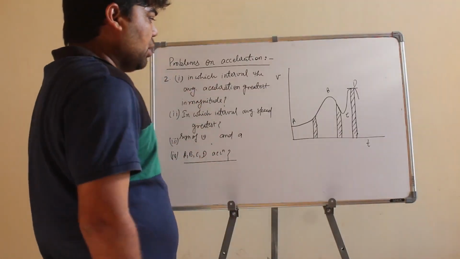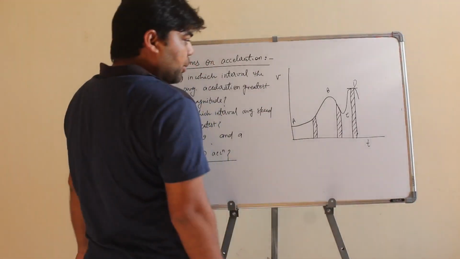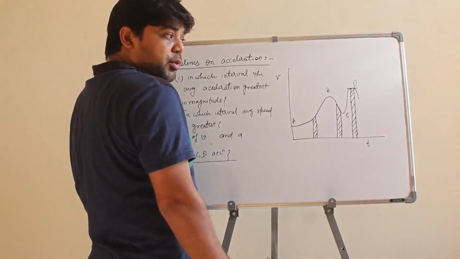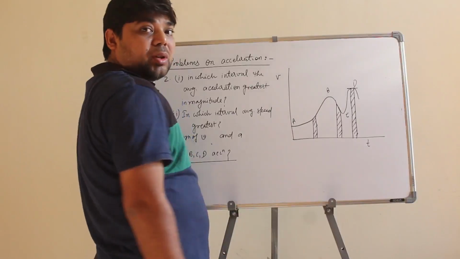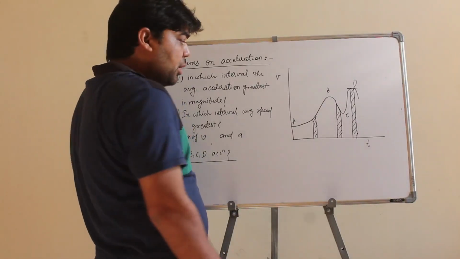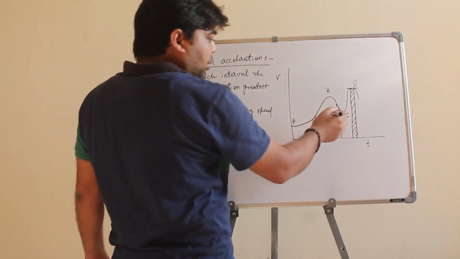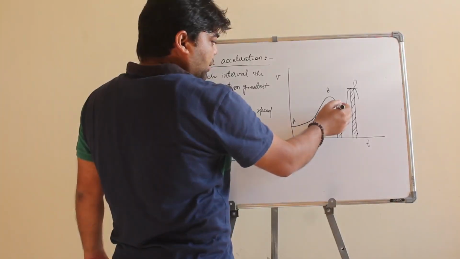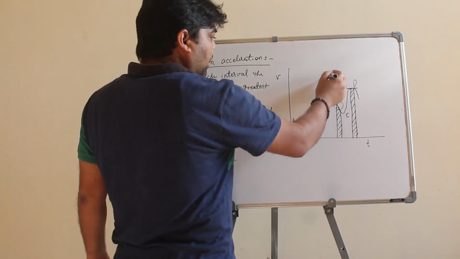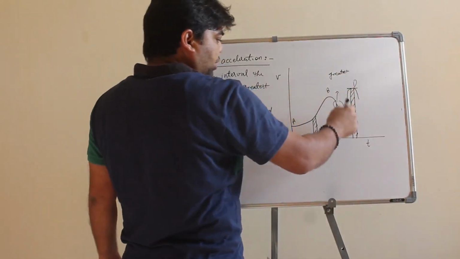Now you see, this is a velocity time graph. Its slope gives you the acceleration. So greater the slope, greater the acceleration, right? If you observe it carefully, in which case will you have the greater acceleration? The second case. Basically, it is a retardation and velocity is decreasing.